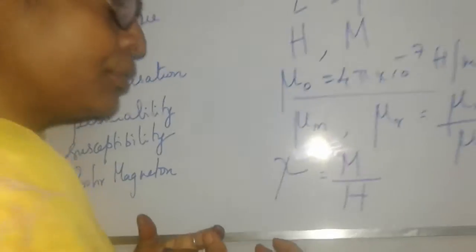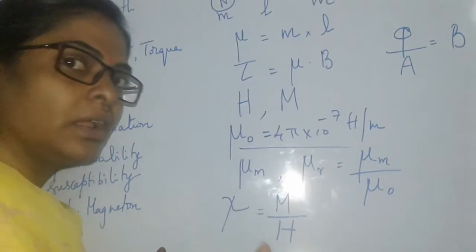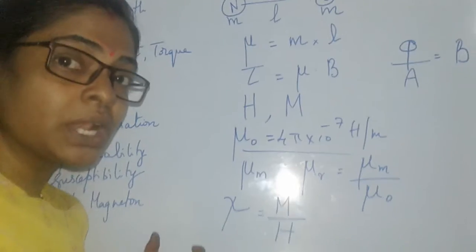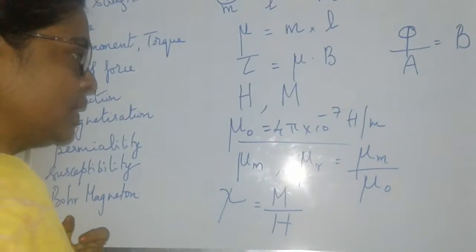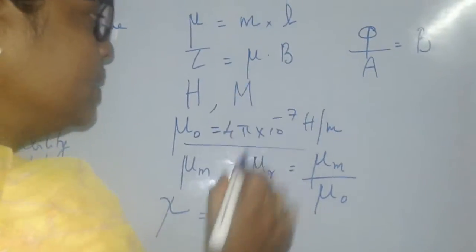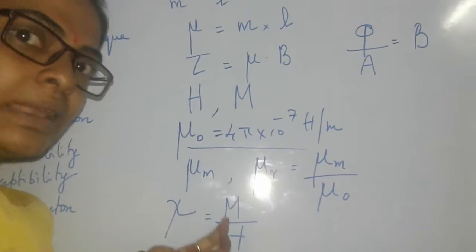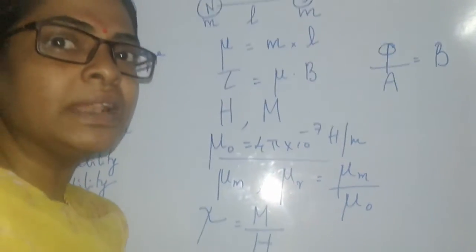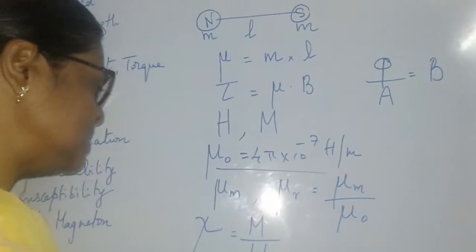You apply a field and you magnetize the material. If it is outside the material, it is H and B, and if it is happening inside the material, we will see what is happening in a ferromagnetic material.